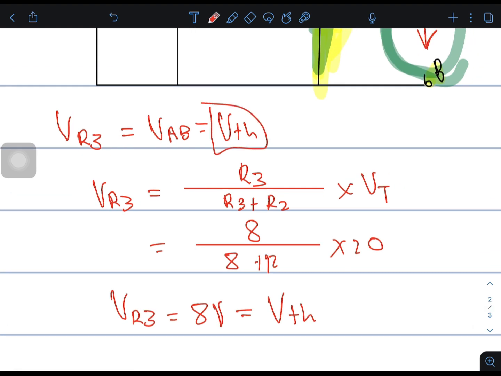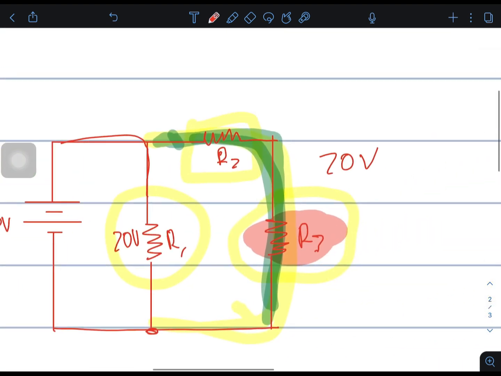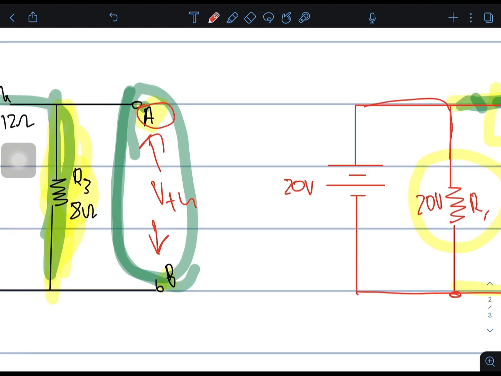V Thevenin is the voltage across this terminal and this terminal. I have shown you why it is equal to that: because terminals A and B are connected across this resistor.